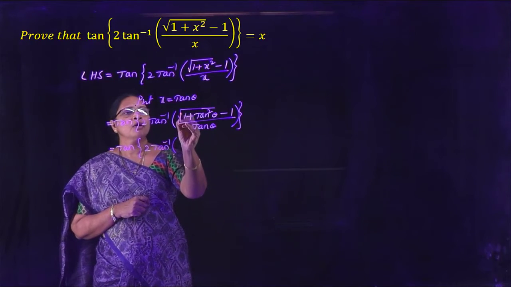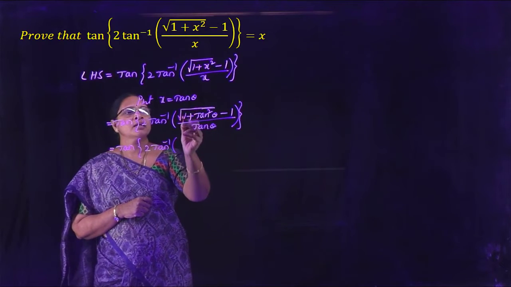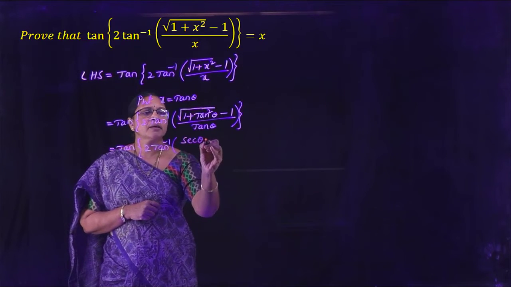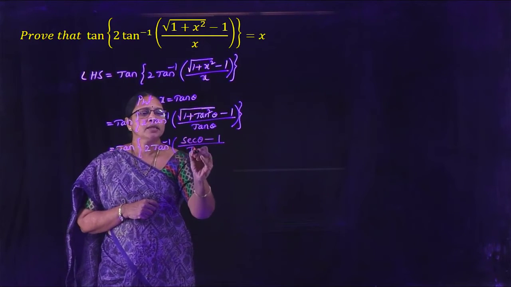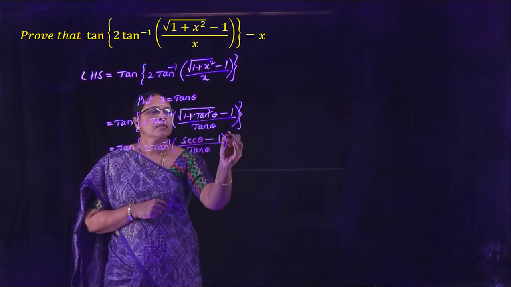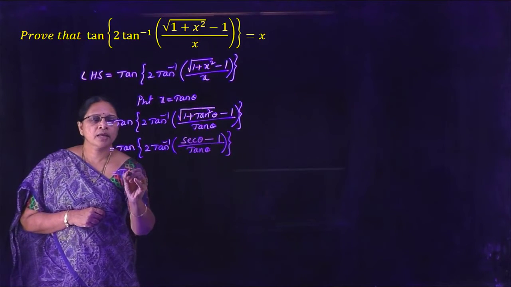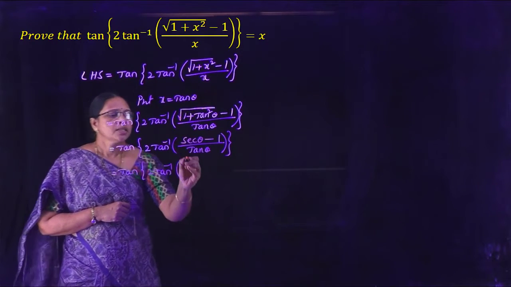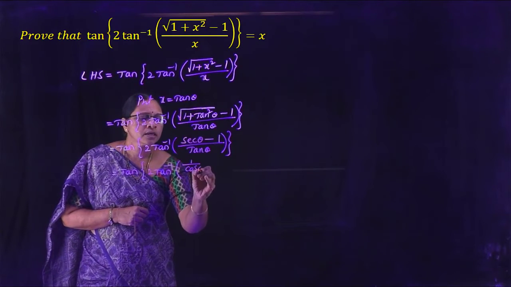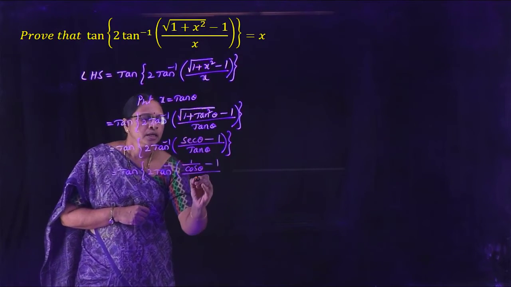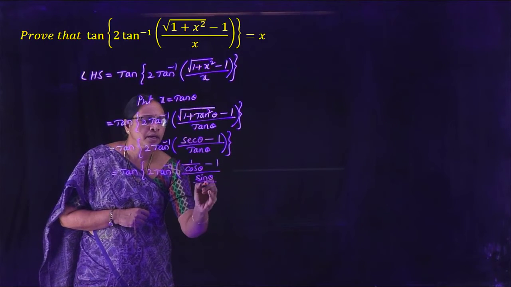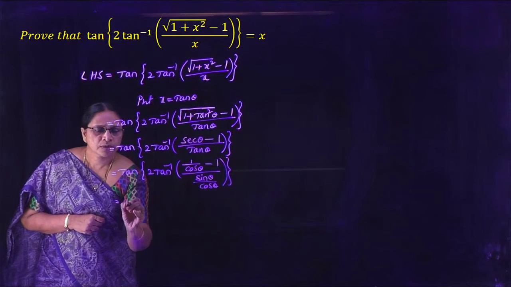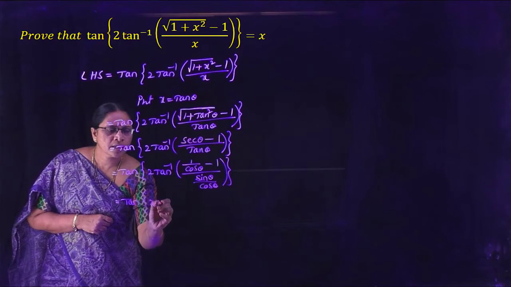Here root of 1 plus tan square theta, that is root of secant square theta, that is secant theta, minus 1 by tan theta. That is equal to tan of 2 tan inverse. Here secant theta is 1 by cos theta minus 1 by tan theta is sin theta by cos theta.